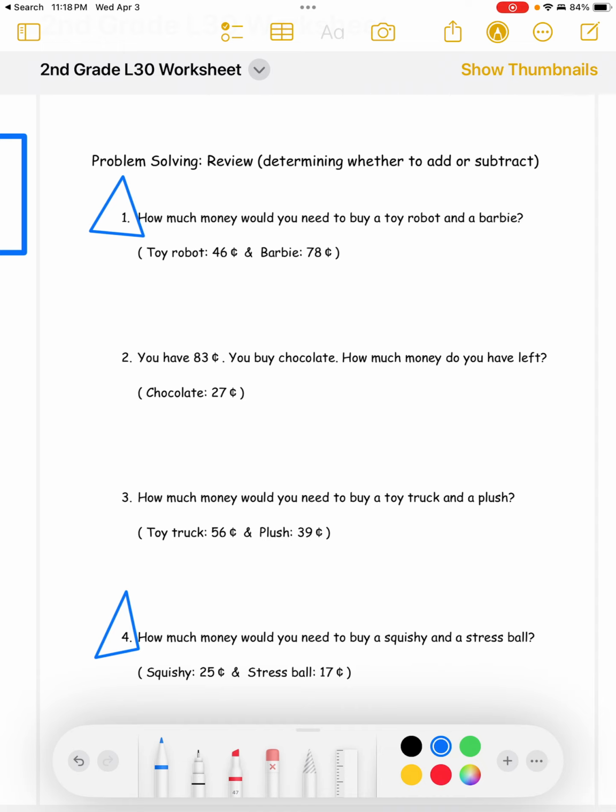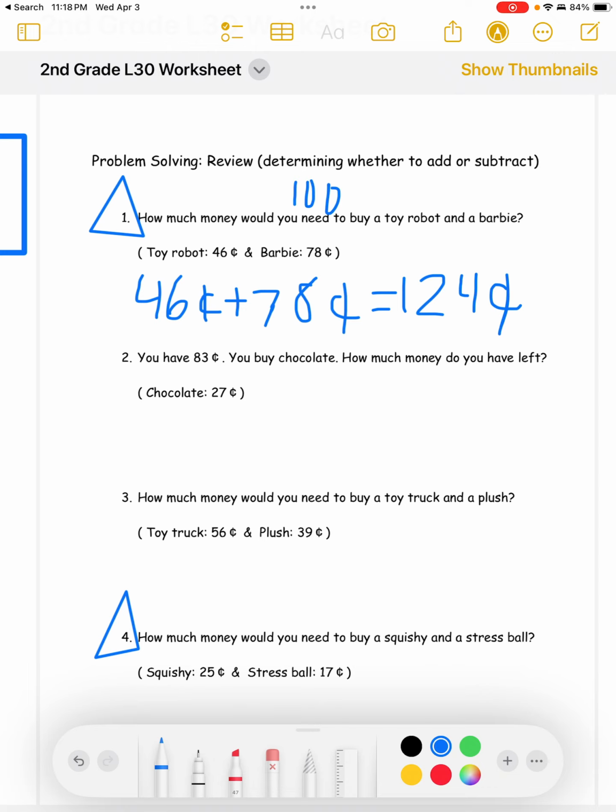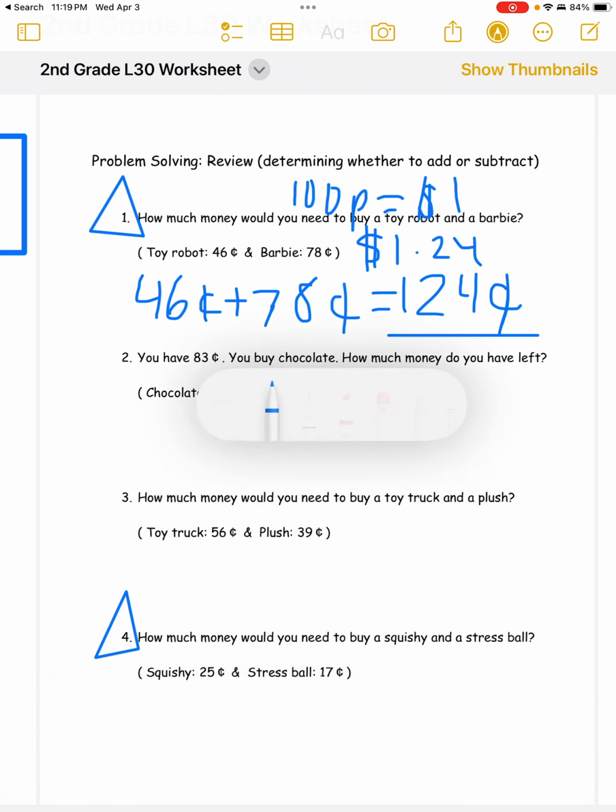So it's asking for the total. So we would add 46 cents and 78 cents, which equals 124 cents. And since there are 100 pennies in $1, technically this will be $1.24. But for this problem, we're going to just write 124 cents.